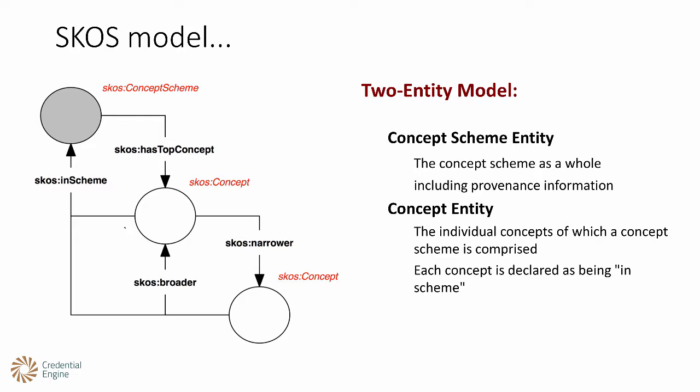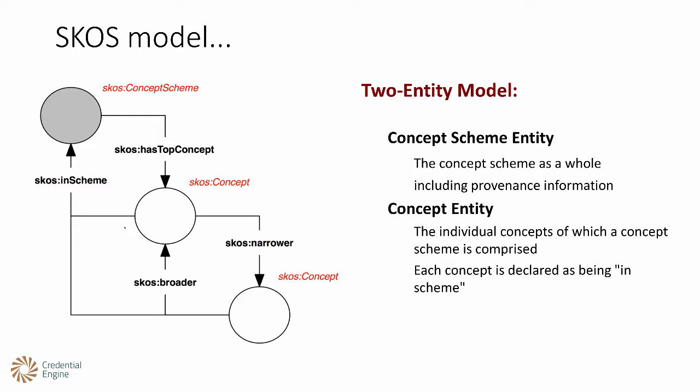So they're both in that scheme. Notice they are not buried in the scheme. They are separate things. There's the scheme as a whole and its individual components, but they're separate, which means that any of these concepts could exist in more than one concept scheme. They are defined independent of the scheme and then are related to the scheme through the SKOS in scheme property.